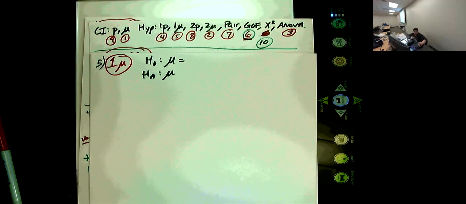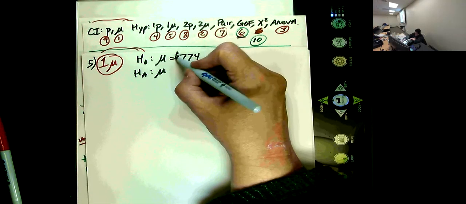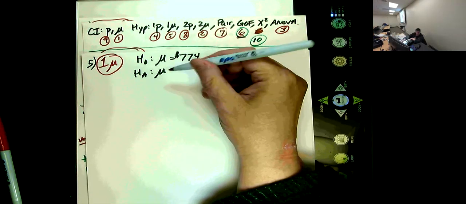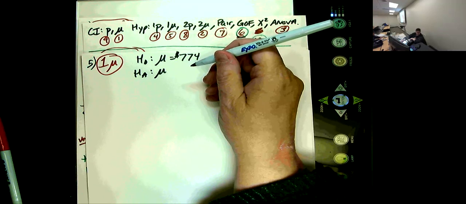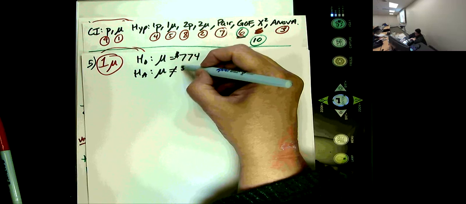Let's see what it is on number 5. It says the mean expenditure was $774. That sounds like what our mean was. And now he wants to know, is it different? Different would be not equal.